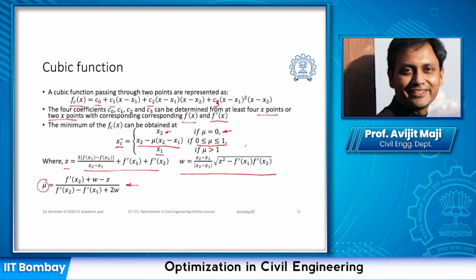Once we do that, we can find out the appropriate optimum value here, which we will use further, like what we did for the quadratic function, to come up with the new point.